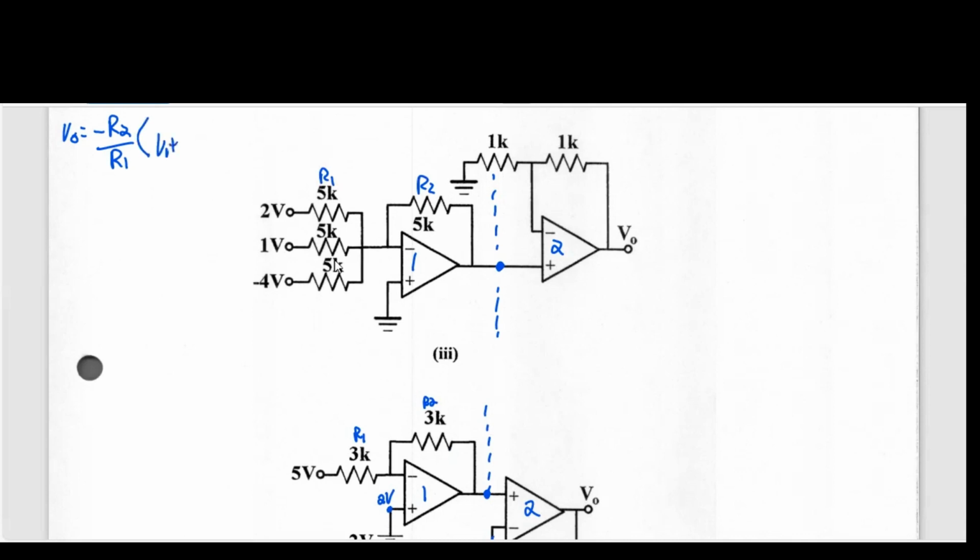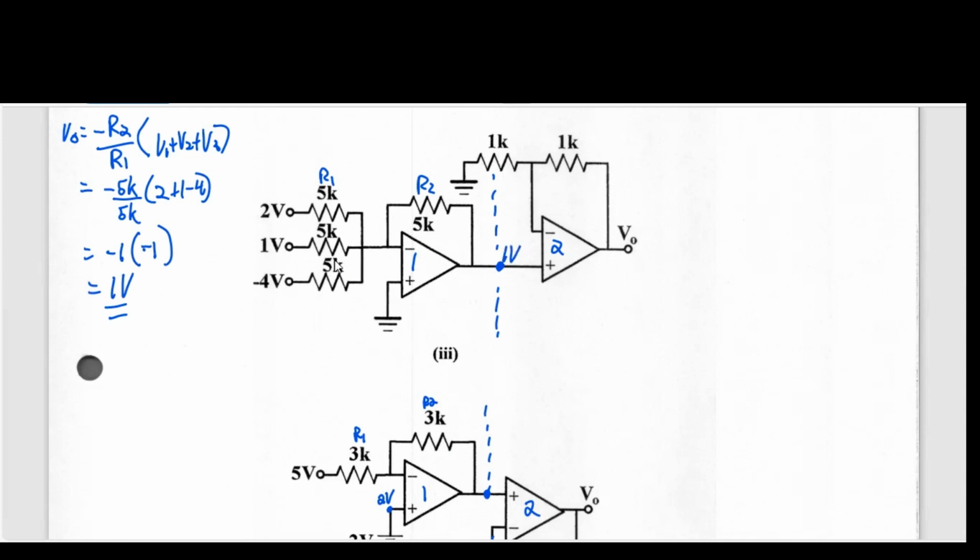So that will be minus 5K on 5K times 2 plus 1 minus 4. 2 plus 1 is 3, 3 minus 4 is minus 1, so this will be minus 1, and the output ends up being 1. Therefore this here is 1.